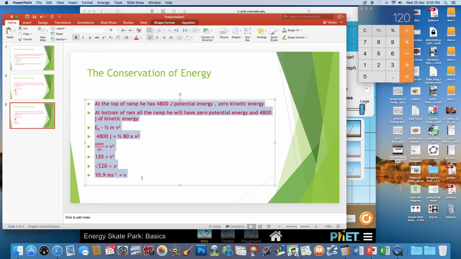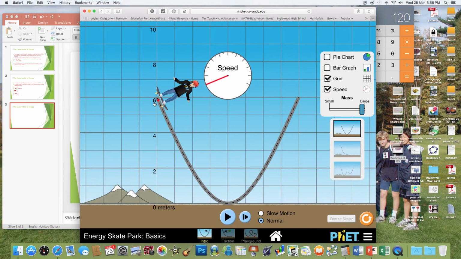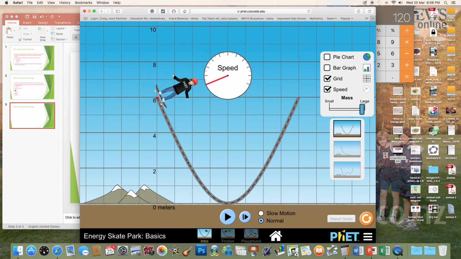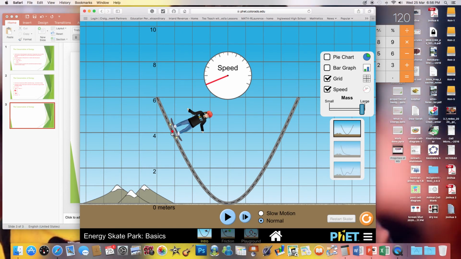But more importantly now, if we go back to this and we put them up here, we can find out what his speed would be at any of these points by just knowing how much his potential energy changed.